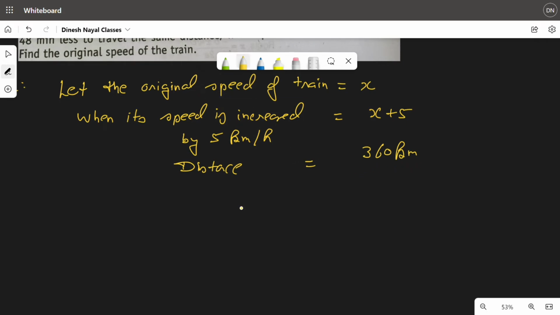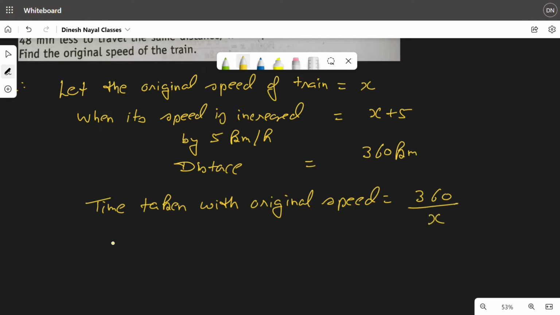We know that time is distance by speed. So time taken with the original speed, when the train is traveling with the original speed x, will be 360 upon x, that is distance by speed.